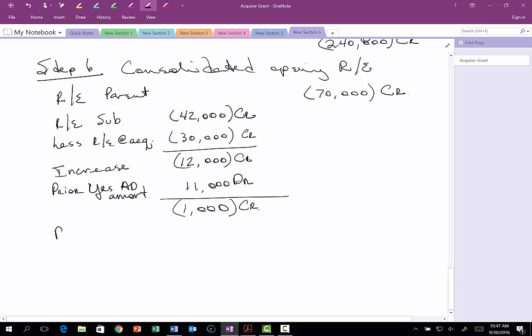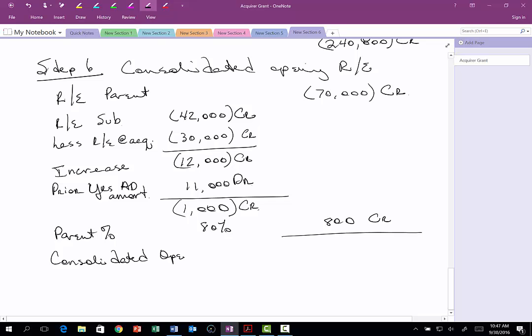So now we're going to take the parent percentage of 80%, and that's going to give us an $800 credit. So, consolidated opening retained earnings is $70,800 in a credit position.